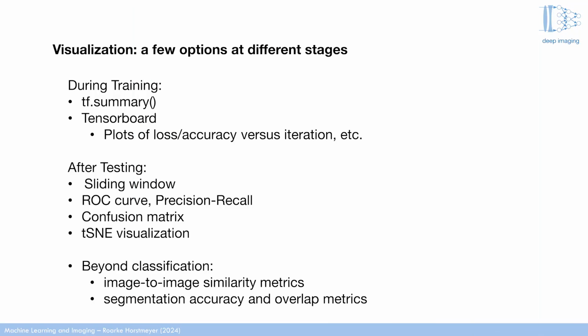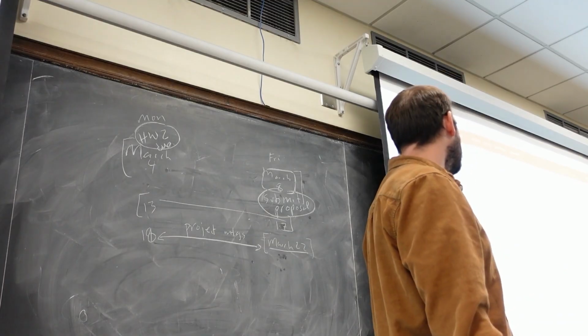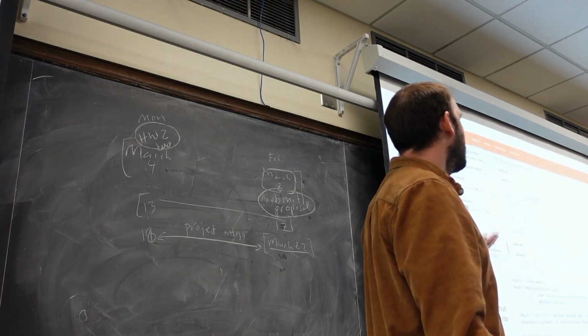TensorFlow has a TensorBoard feature, which is really useful. TensorBoard gives you this plotting ability. It gives you the ability to show your training as a line with different steps, your validation, etc. It's pretty nice. This is an older screenshot from it. I would imagine it's gotten even better.